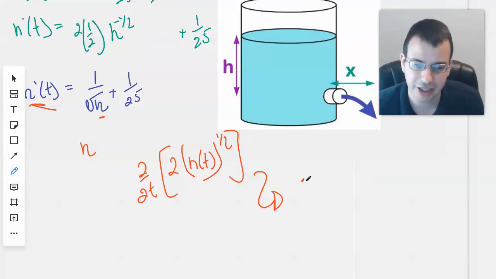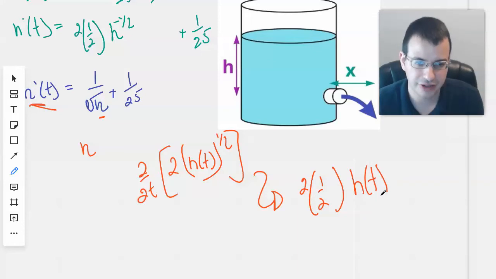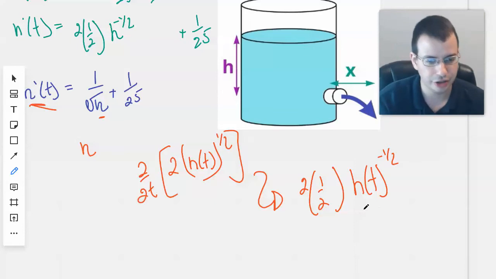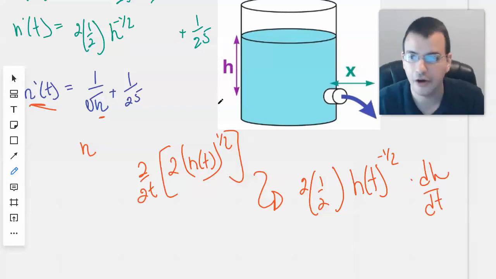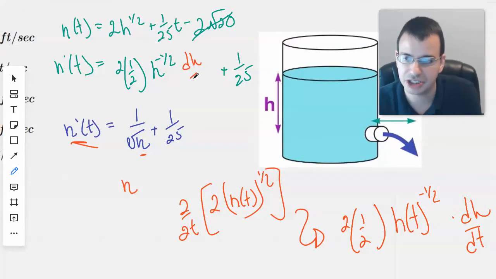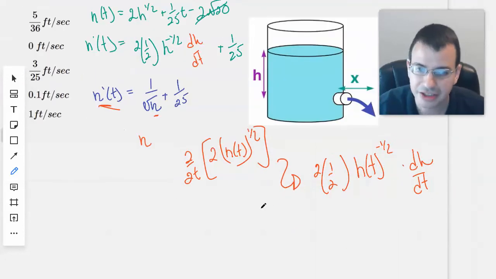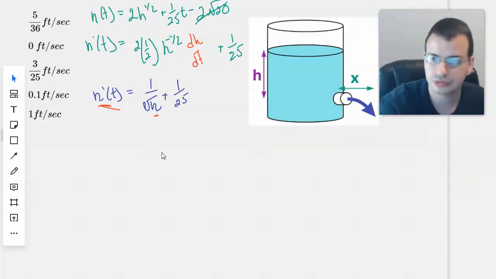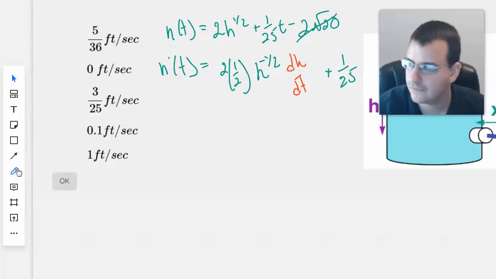When we take the derivative of this, we get h of t to the negative 1/2, but then we also have to take the derivative of the interior. The interior here is h of t, so we get a dh dt here as well. So I should have had another dh dt right there. That makes it a little more challenging, well, maybe not challenging, but exciting.